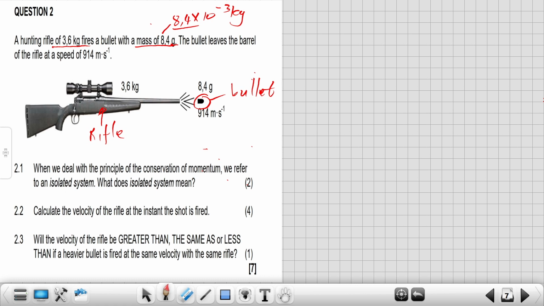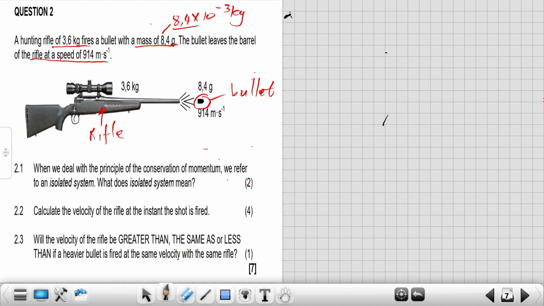And thereafter they are telling me that it has a speed of 914 meters per second. So I am going to write down the data that is given. But from this, I have already analyzed it in detail. So the only thing that I need to work on is trying to answer the questions.